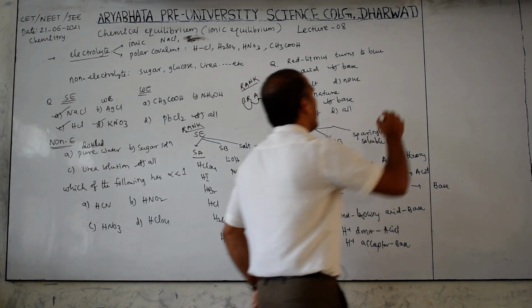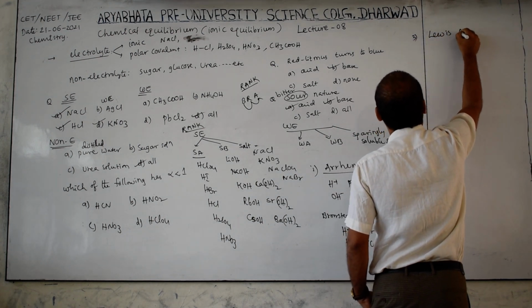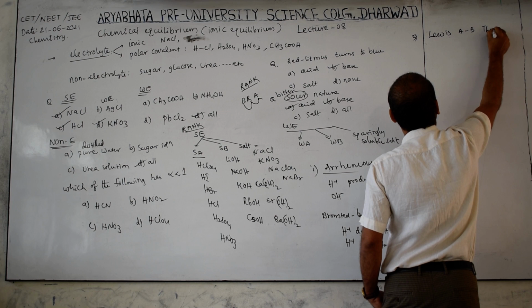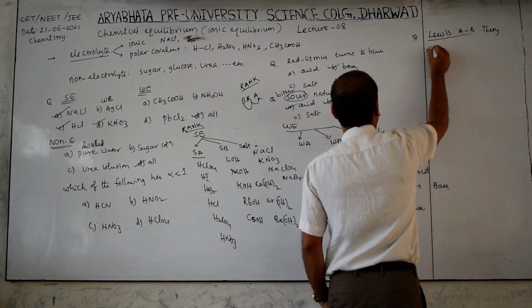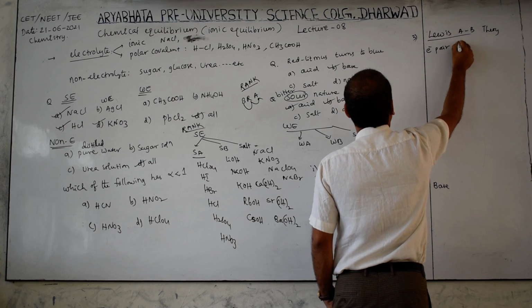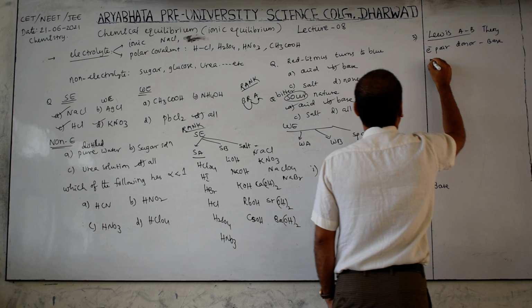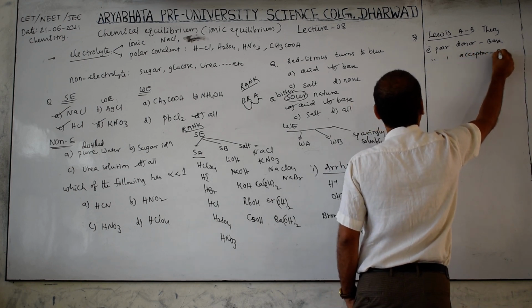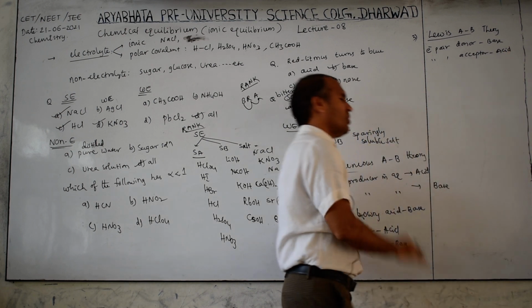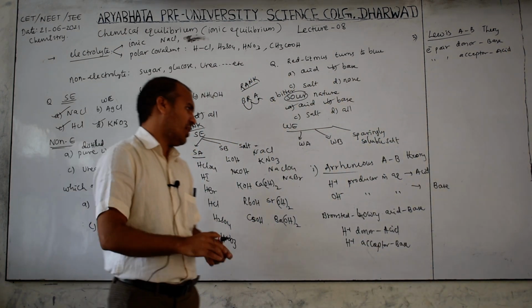And the third theory is Lewis acid base theory. According to this theory, an electron pair donor is a base, and an electron pair acceptor is an acid. So we know the definitions of the three theories.